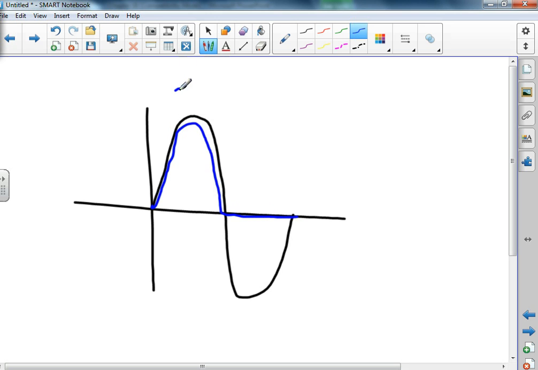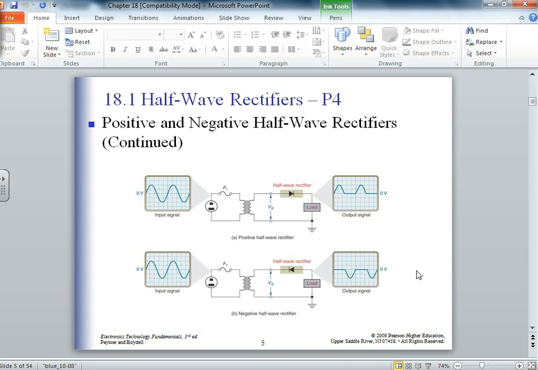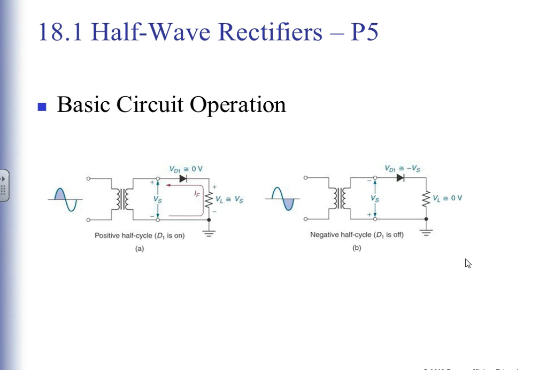So I already lost some percentage of my power because I'm dissipating it across those diodes. But then I throw away the other half cycle altogether. I'm not sure that's a good idea. Maybe we can find some way to fix that.